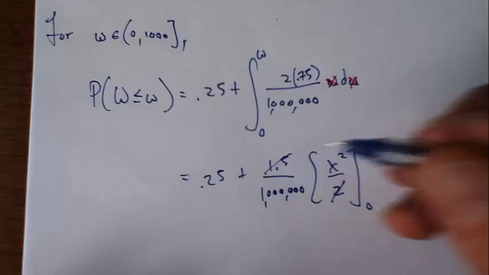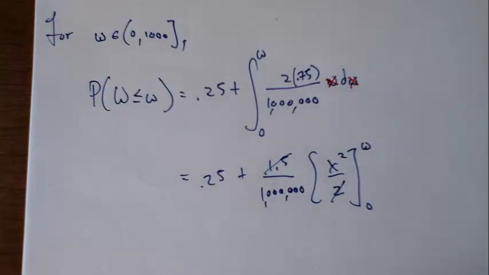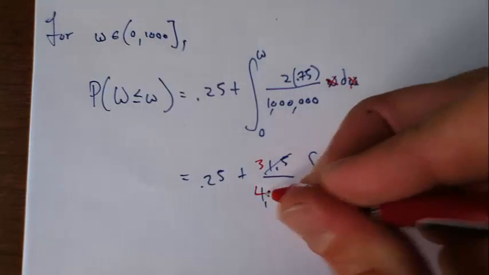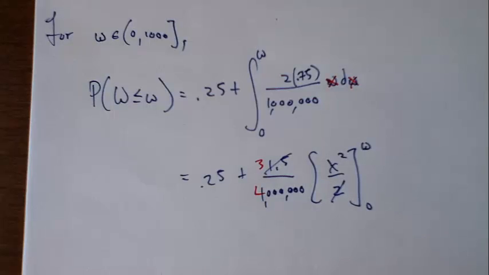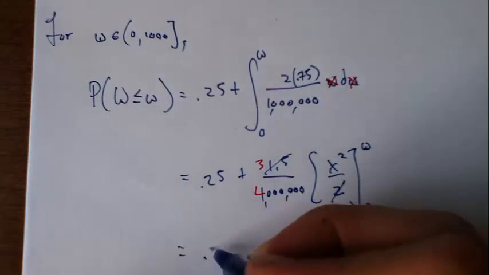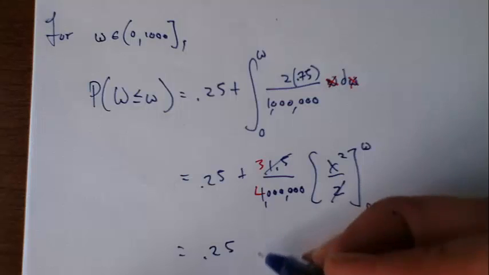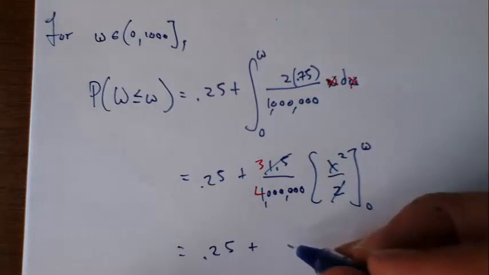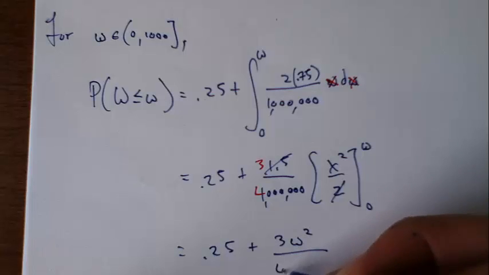The 2 and the 1.5 combine to make 3 over 4 million. So this is a quarter plus 3w squared over 4 million.